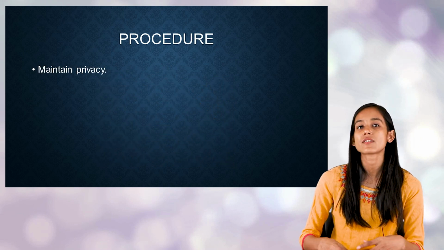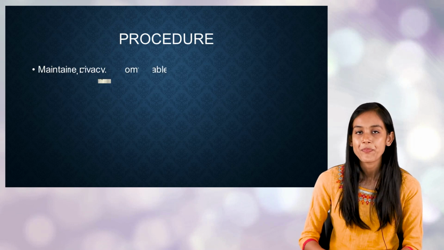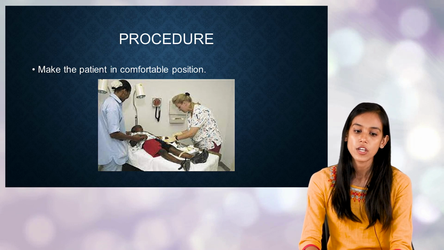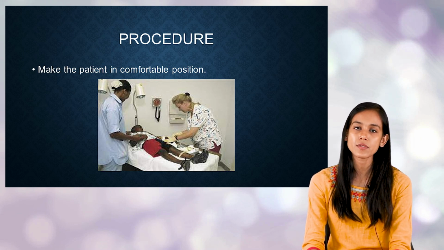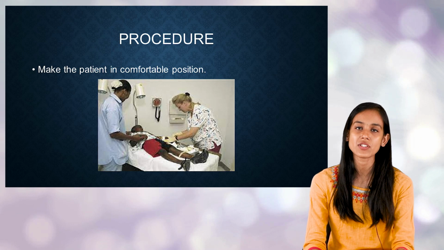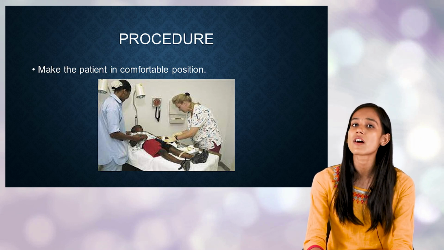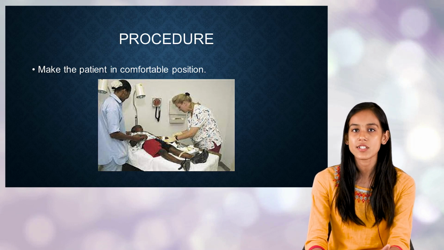The next is you should maintain privacy, and then make the patient comfortable. First, have the patient lie down in a comfortable position, and make sure that the patient's head is straight.